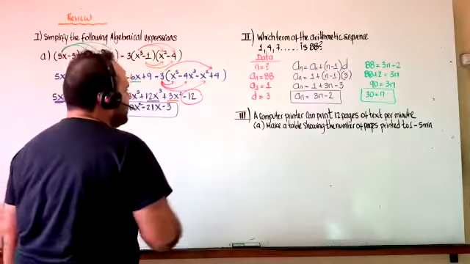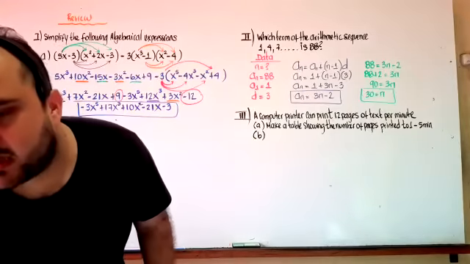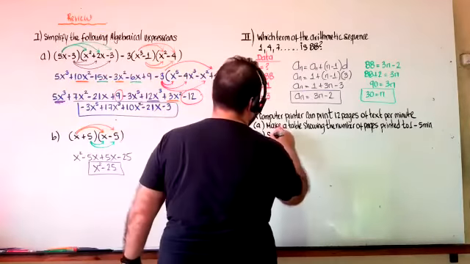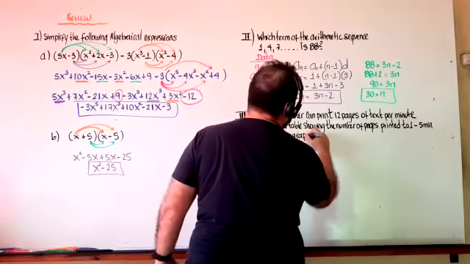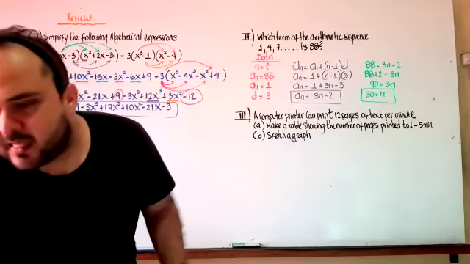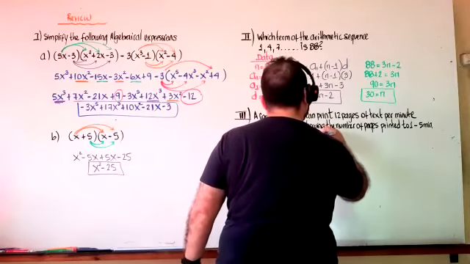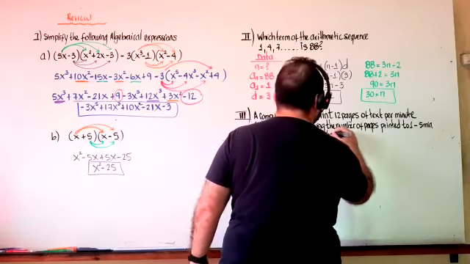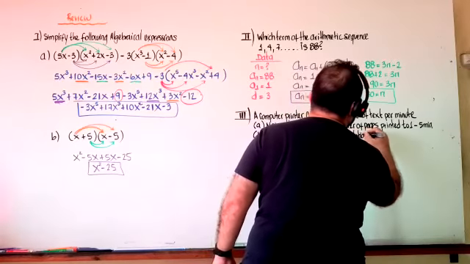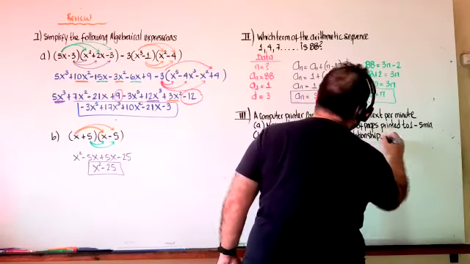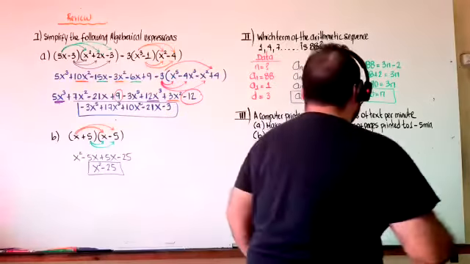And the second one, the letter B, mentioned we have to sketch a graph. Sketch a graph that shows the relationship between time and number of pages.